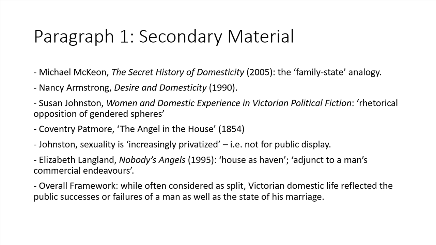That would be useful to me as well. All these things I can reference quite quickly in an exam essay and efficiently to produce what I've put there at the bottom of this slide, the overall framework, which is that while the domestic and the public realms are often considered as split, Victorian domestic life reflected the public successes and failures of a man as well as the state of his marriage. So that's my critical context.